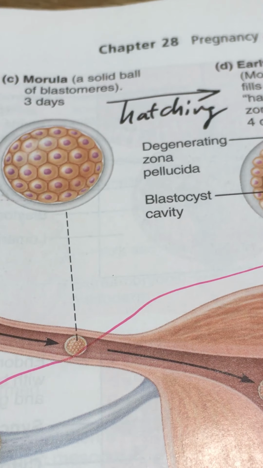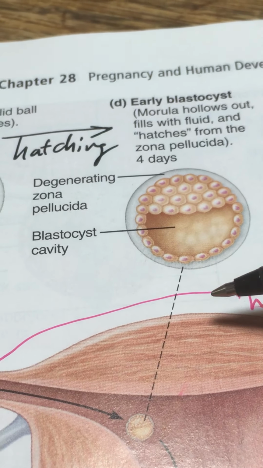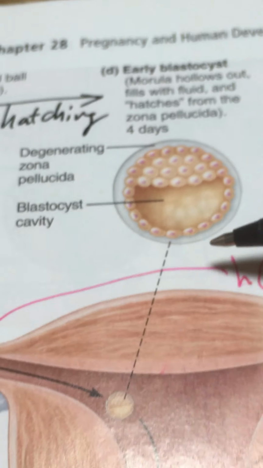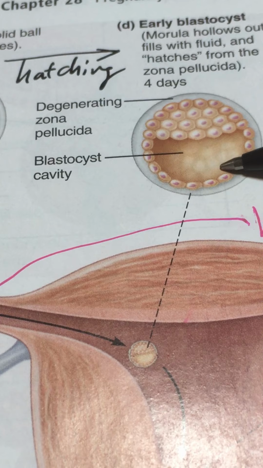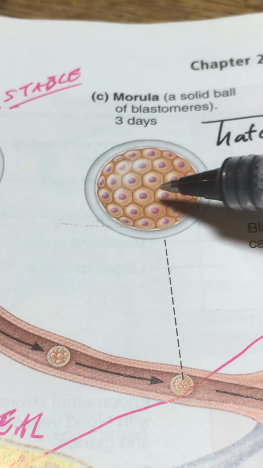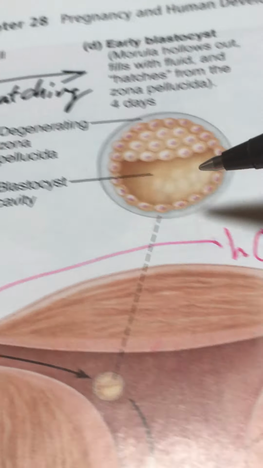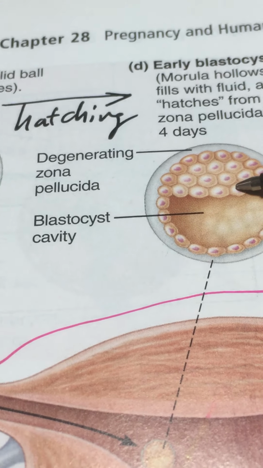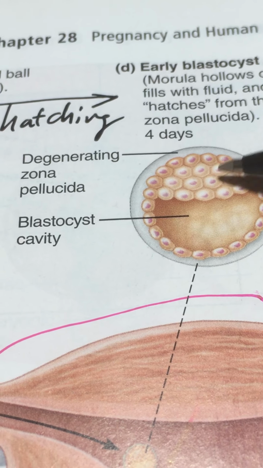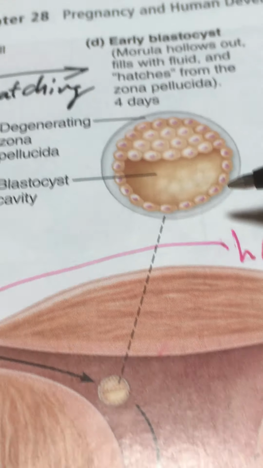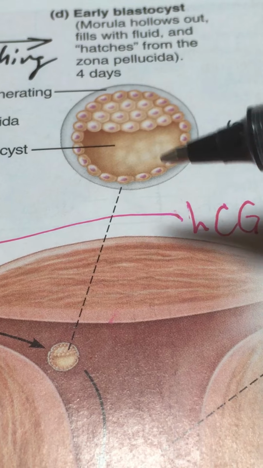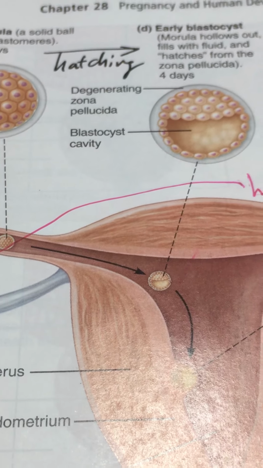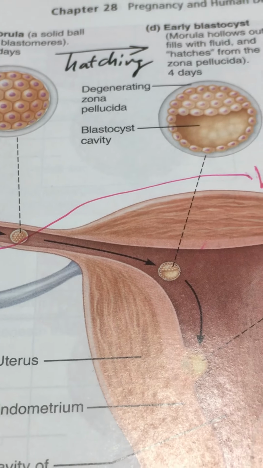We don't get to the next stage, which is, as you can see, a blastocyst, until we have a little cavity in there. Here it's solid cells all the way through. Here it's just this region that has a solid area of cellular development, and the very outside is referred to as a trophoblast. We're just about to do the implantation, and I'll pick that up in our next section.